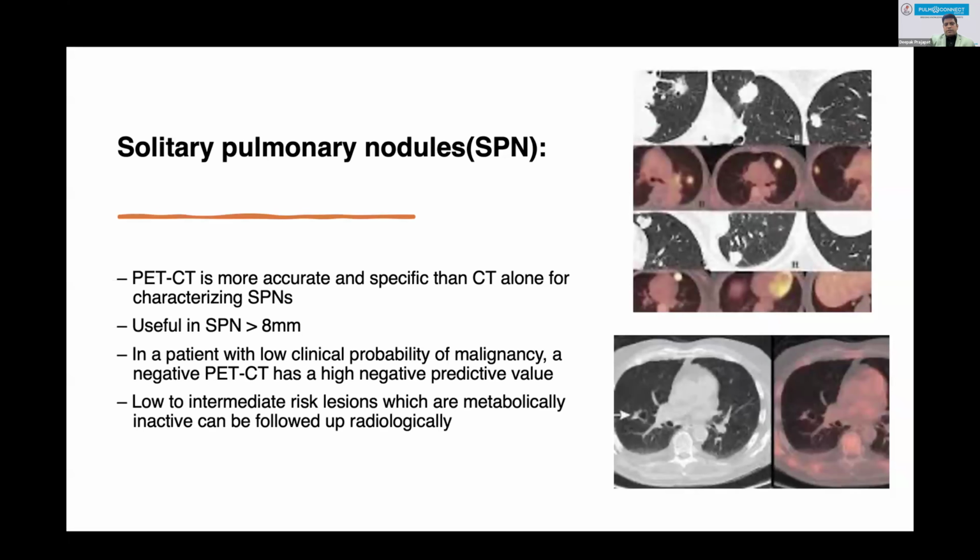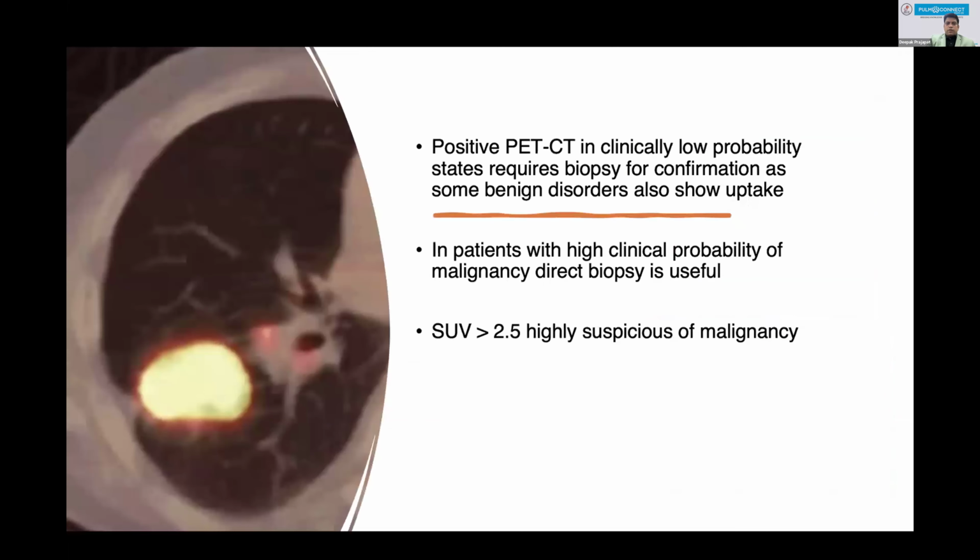Low to intermediate risk lesions which are metabolically inactive can be followed up radiologically in the routine clinical setup. A positive PET-CT in a low clinical probability state requires a biopsy for confirmation, as some benign disorders also show uptake, as I discussed previously. In patients with high clinical probability of malignancy, direct biopsy is also useful.